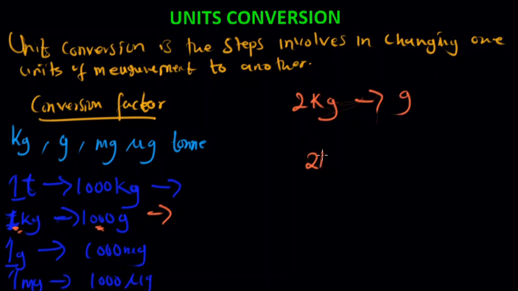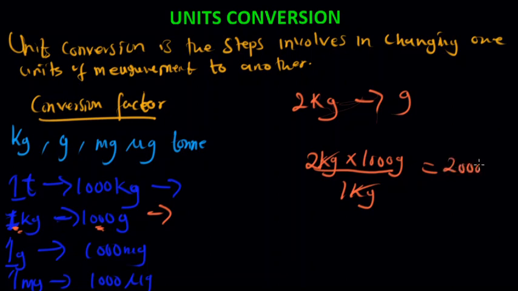So 2 kilogram times 1000 gram divided by 1 kilogram. So the unit will cancel, and we'll have 2 times 1000, which will be 2000 gram.